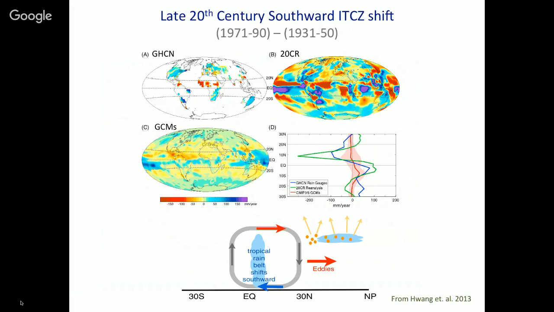And essentially the mechanism they proposed is this. When you have more sulfates in the northern hemisphere, the northern hemisphere becomes colder than what it should be in its equilibrium conditions. Because of that, an anomalous Hadley circulation sets up, which tries to transfer energy from the southern hemisphere to the northern hemisphere in order to balance that energy deficit.